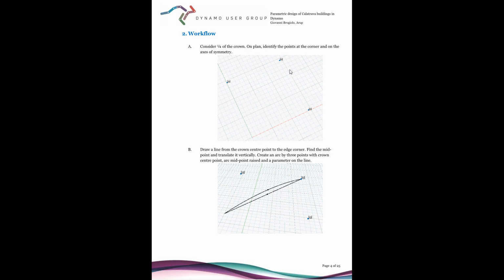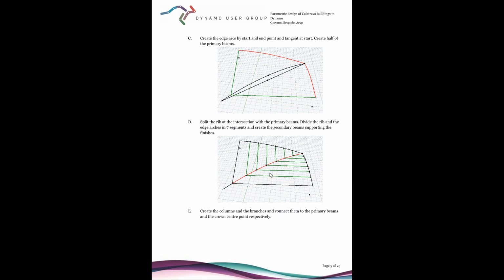So once we have identified these 4 points, we can draw a construction line from the center of the crown to the corner and use that to build the rib arc. We can then create the 2 diagonals, which are basically 2 lines connecting the midpoint of the outer arc to a point on the rib.